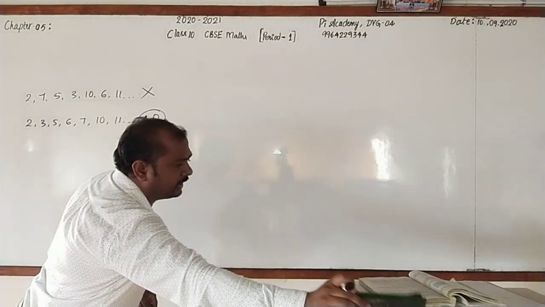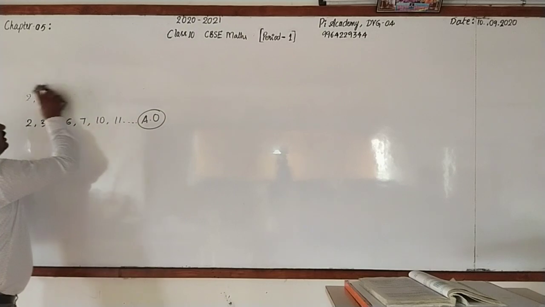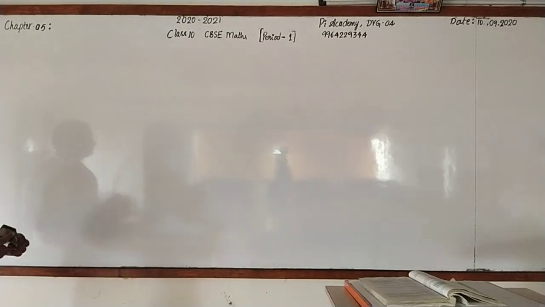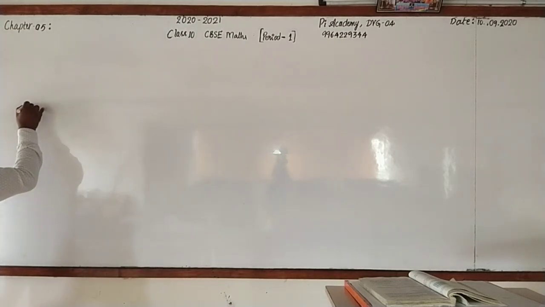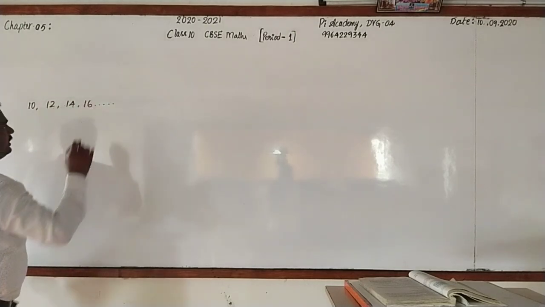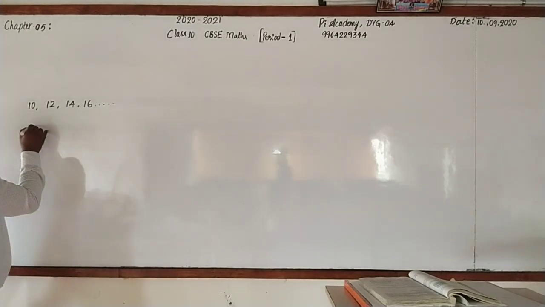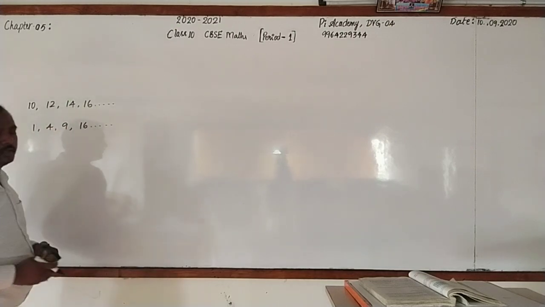Now I am going to take again lists of numbers in which the numbers are written in increasing order. Observe this carefully. Here this is 10, 12, 14, 16 and so on. Again observe here: 1, 4, 9, 16 and so on.